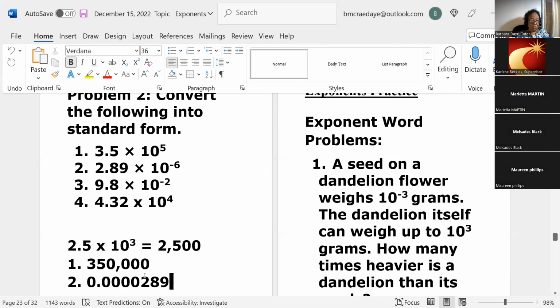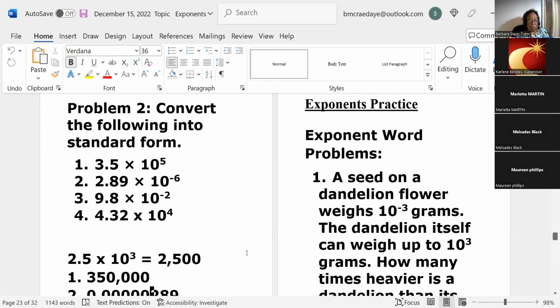You write your 289, and since it's a -6 and you already have the 2 there, you need 5 zeros. That's how you can determine it.